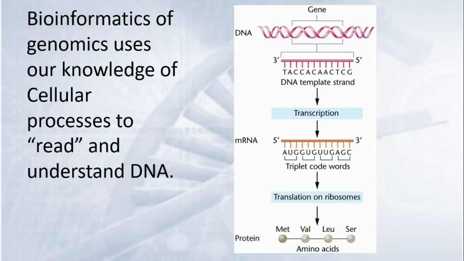When you think about it, when we put together DNA sequences and we look at them as just a big string of G's, A's, T's, and C's, a core goal of bioinformatics is to try to understand what those strings of sequences do, what they are capable of doing in the cell.